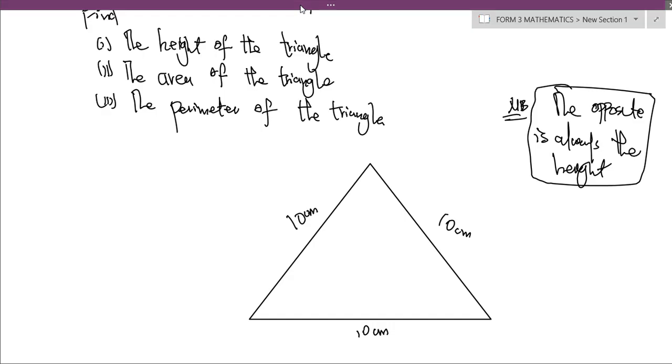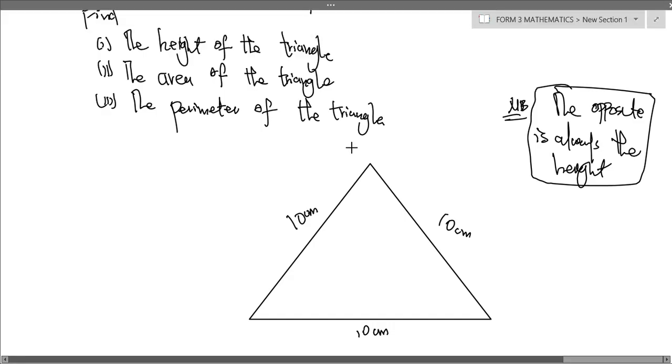So what do we do? This is our height. Good. And since it's an equilateral triangle, the moment we divide here exactly into two, here will become 5 centimeters, and here too will become 5 centimeters.